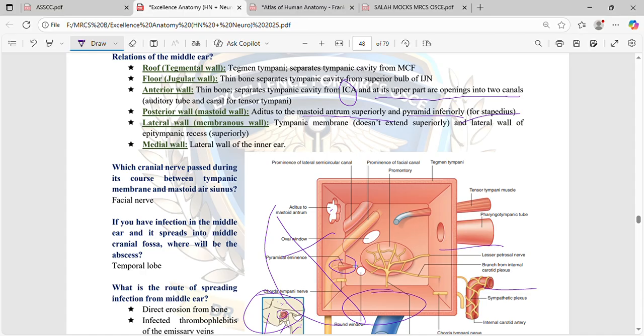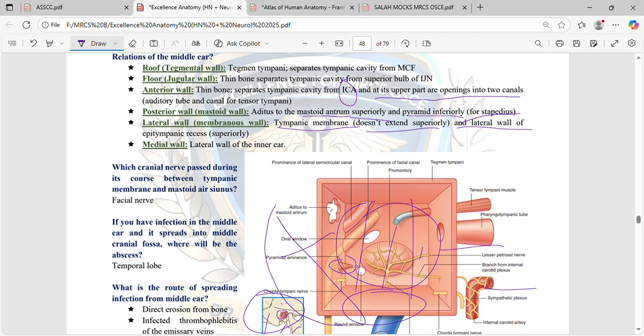The lateral wall is the wall through which you are looking into the middle ear cavity.